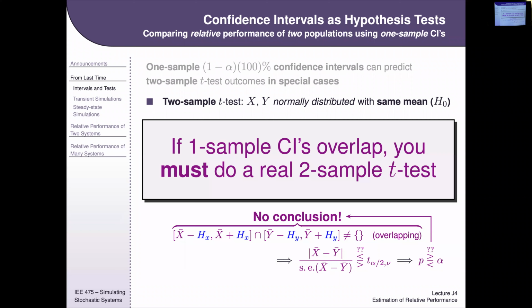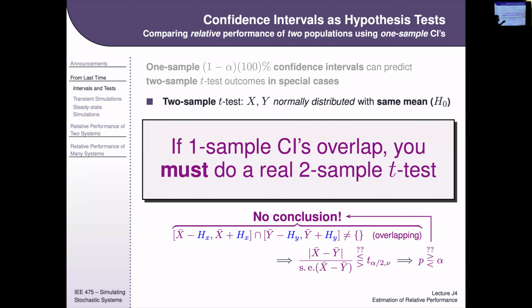But if they overlap, so you run model A, you run model B, and model A's confidence interval in ARENA's reports overlaps model B's confidence interval, then you have to do more work. You actually have to do the two-sample t-test. So you've got to dump the data into a DAT file, dump the other data into a DAT file, go into the output analyzer, load both of them up, and do a two-sample comparison of the means and have it do a formal t-test.